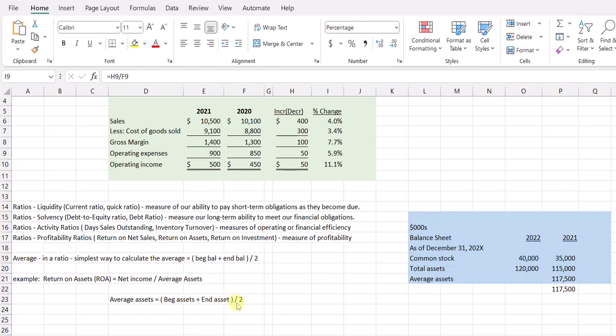All right, now, having said all of this, particularly with regard to ratios, I have lots of examples in other videos of ratios, so I'm not going to go into this here. However, if you'd like me to work through all the ratios, and there's many of them, I would go to YouTube and search for Ed's ratio examples.